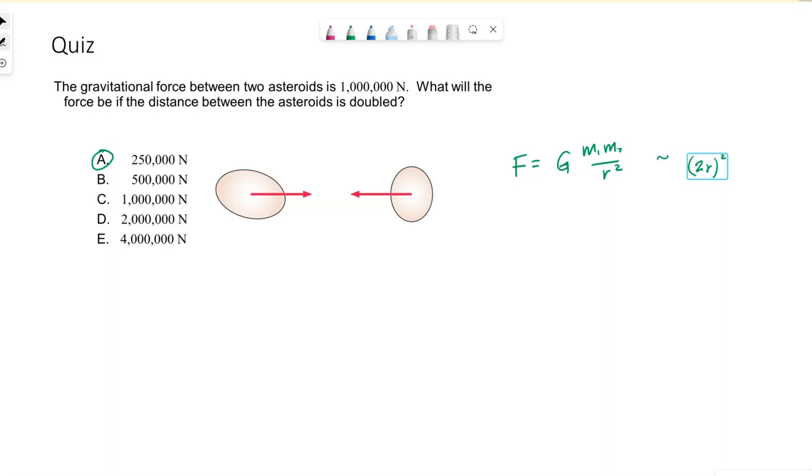But since I'm squaring that, the force is going to be 1/4 of what it was before if I've doubled the distance. So the new gravitational force will be 1/4 of that 1 million newtons. So A is the correct answer.